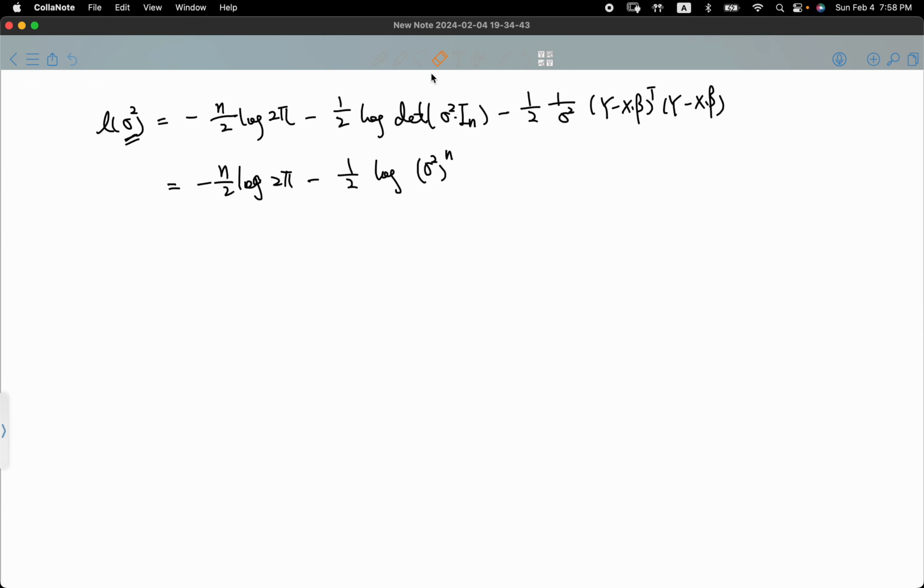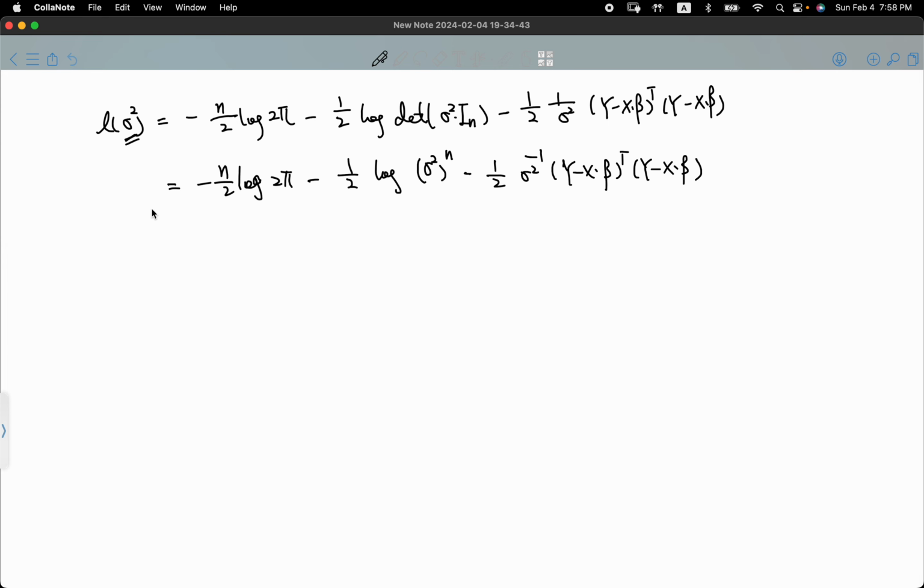So this becomes a 1. And then 1/2 sigma square inverse, y minus x beta transpose y minus x beta.